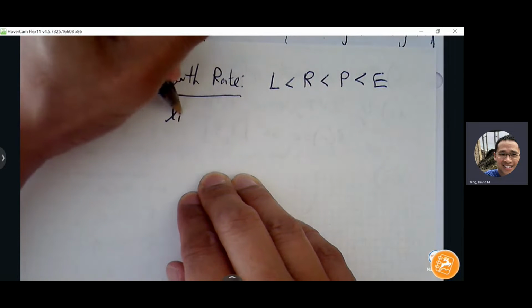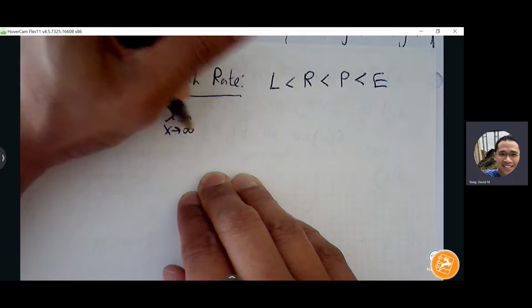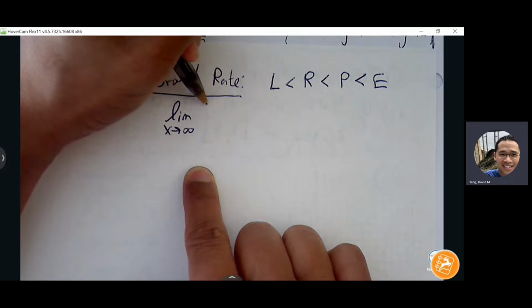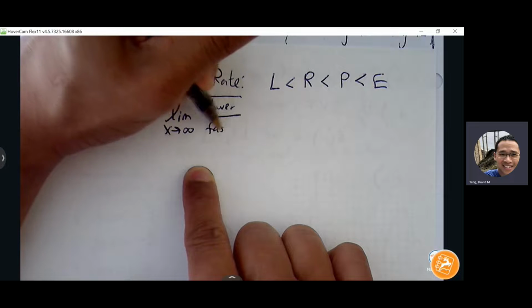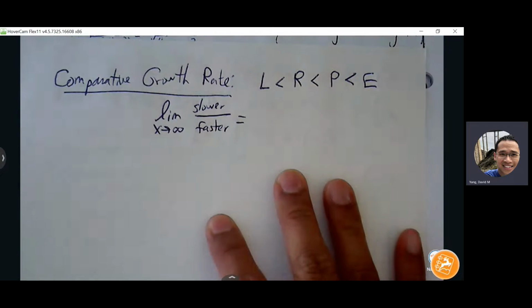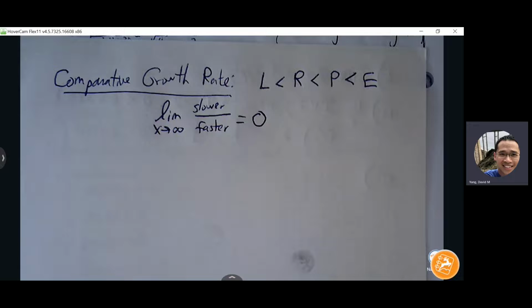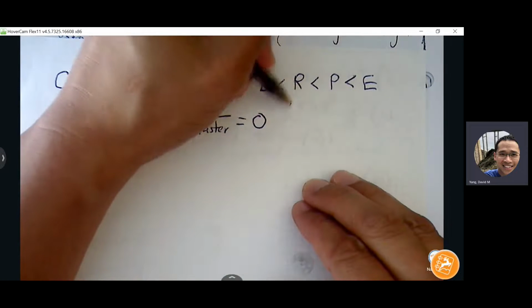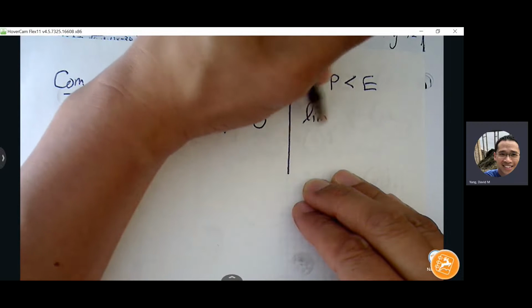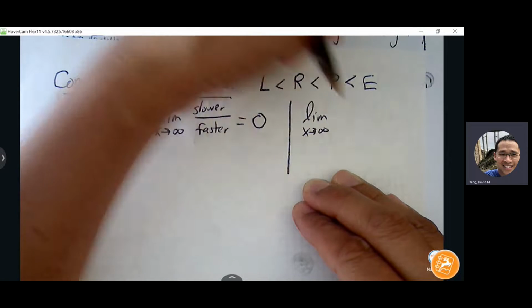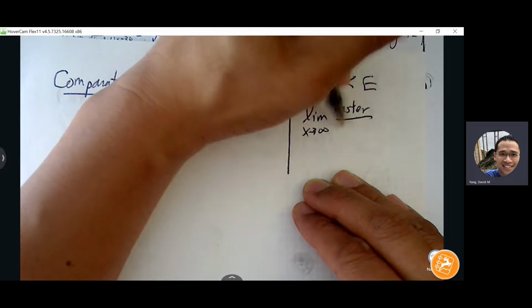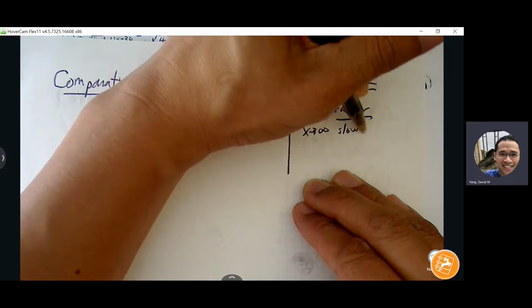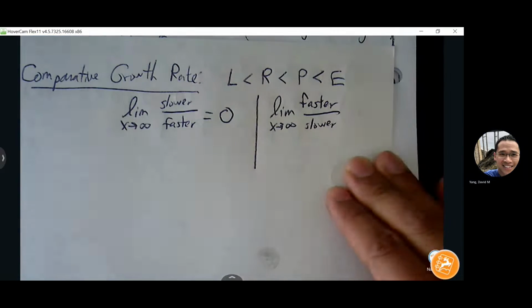So here's the idea. If I have the limit as x approaches infinity, and I have a slower function over a faster function, what's my limit going to be? 0, right? If the denominator is growing faster than the numerator, then that fraction value is getting smaller and smaller and smaller. And likewise, if I have the limit as x approaches infinity of a function where the faster one is above my denominator, then it's infinity.